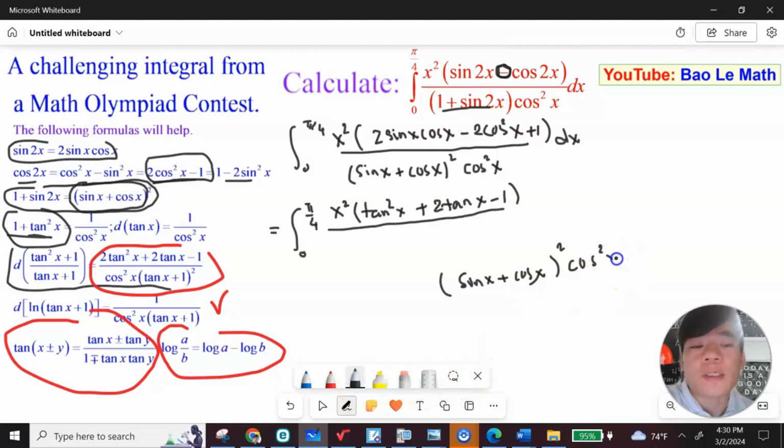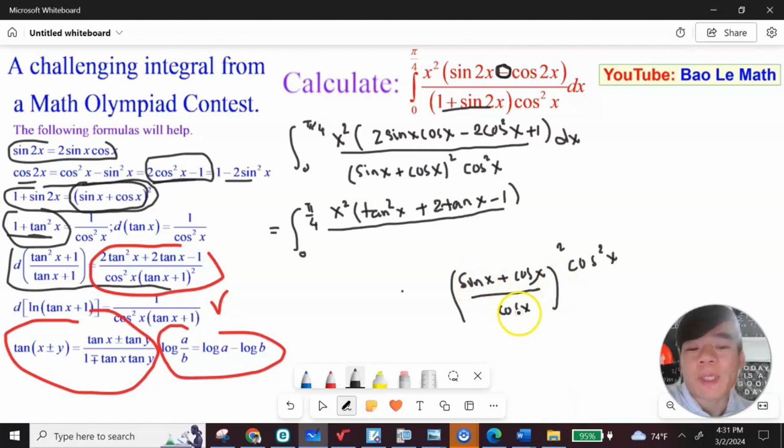When I divide by cosine squared of s, I just combine this guy like this, with cosine s all together squared outside.